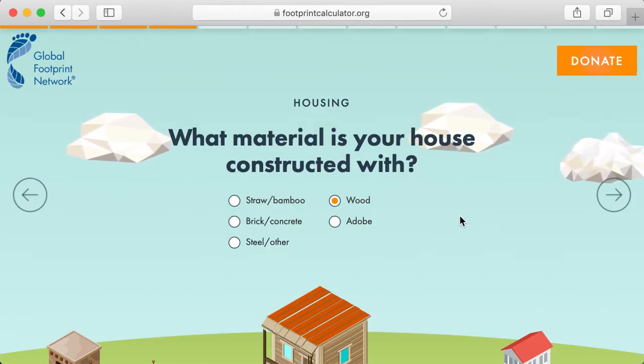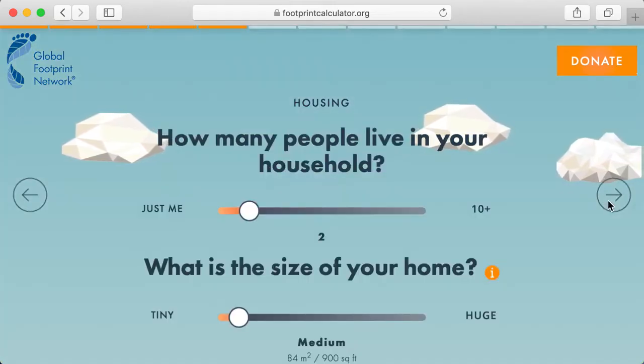So there is something called straw bale construction. People build their houses that way. Concrete, we don't often think about, but 5% of global greenhouse gas emissions come from the manufacture of concrete, another 2 or 3% from the manufacture of steel. So these things do matter, but again, there may not be things that you can change.